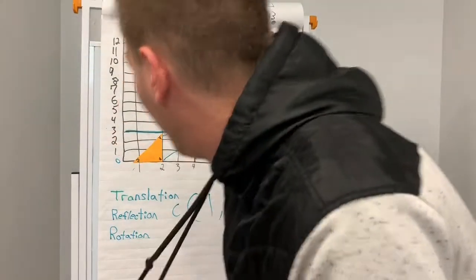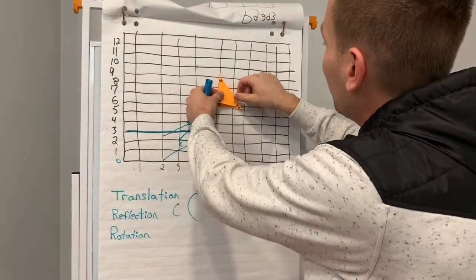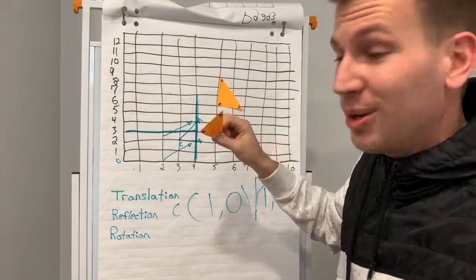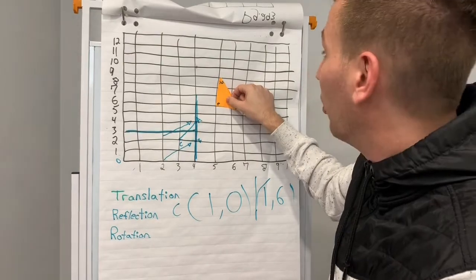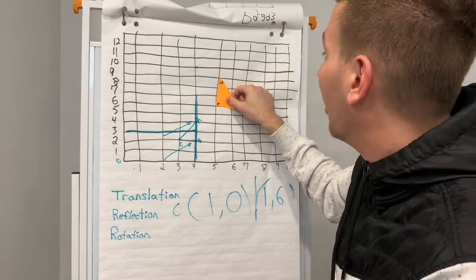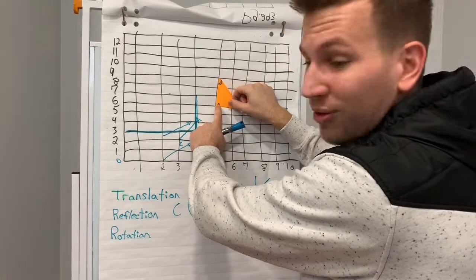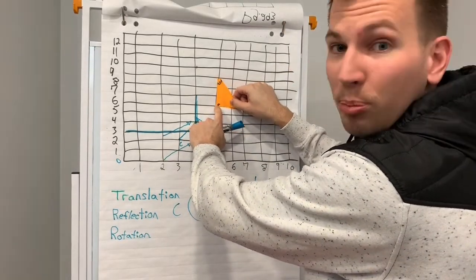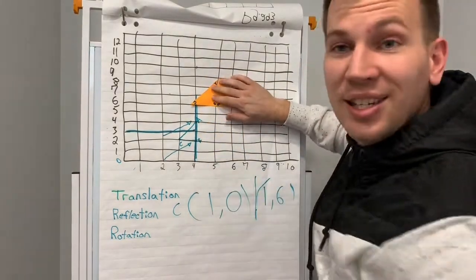Okay, so that's rotation. What rotation would look like is, you could cut out 2 shapes if you want. Stick it on here, and if I said rotate it 90 degrees counterclockwise, then I would just pick my pivot point. I could pick point B, and I would just rotate it 90 degrees.